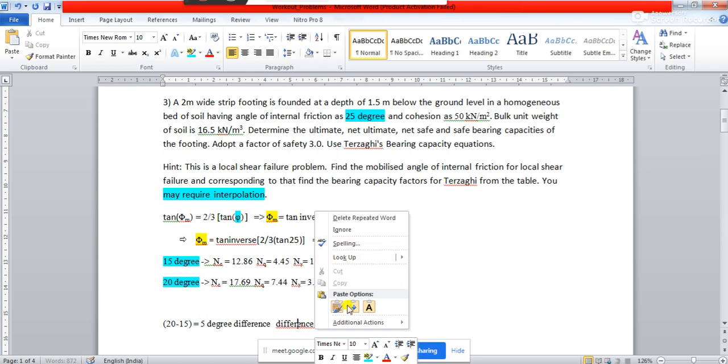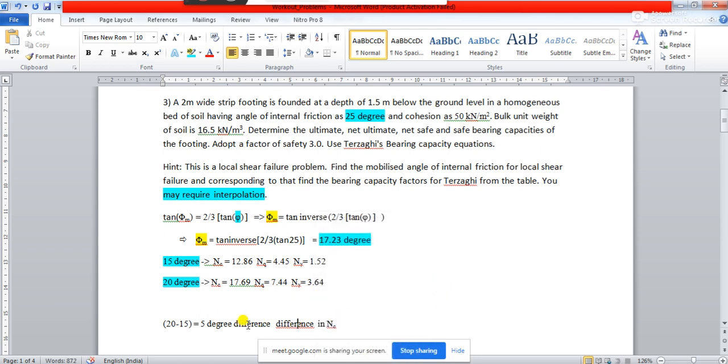For 5 degree difference in NC value, tell me, what will be the difference in value?